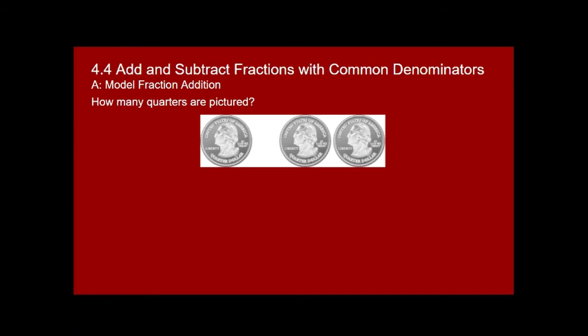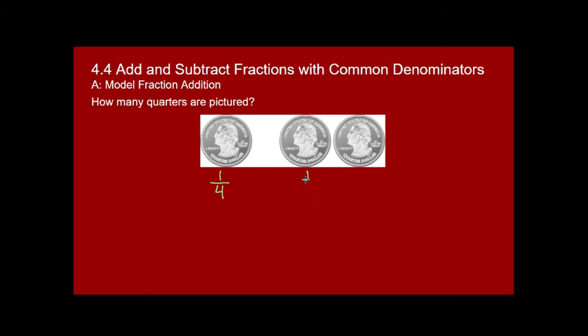We're going to visually look at what's happening when we're adding fractions. So how many quarters are pictured? Well, you guys know how to count, right? There's 1 quarter, there's 2 quarters, and there's 3 quarters if we're talking about a whole quarter. But remember, 1 quarter is 1/4 of a dollar. That's why we call them quarters, because they are a quarter of a dollar.